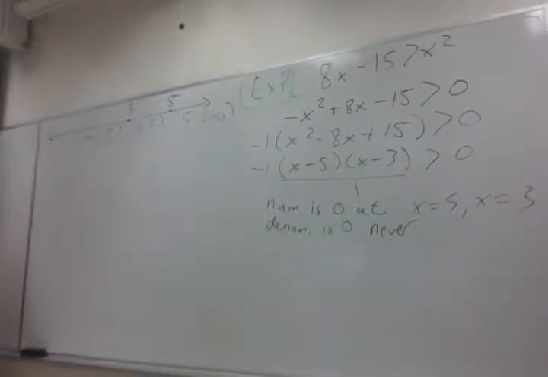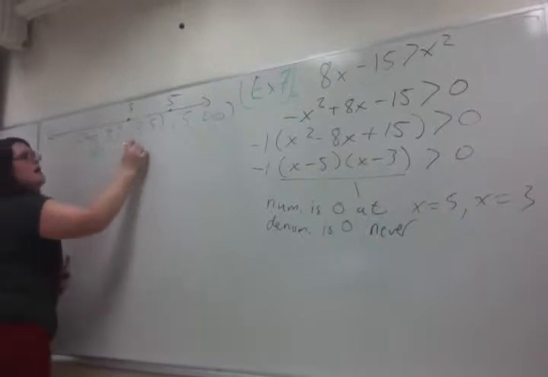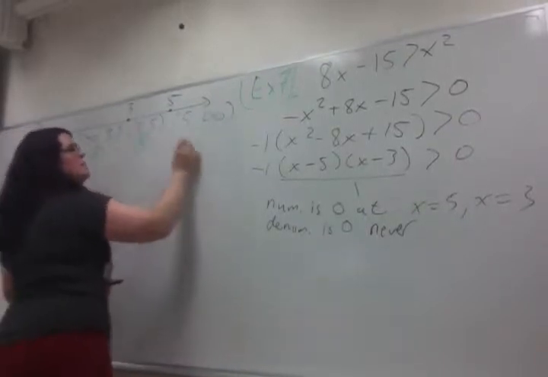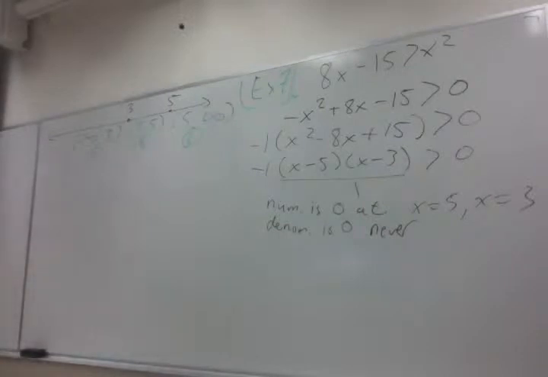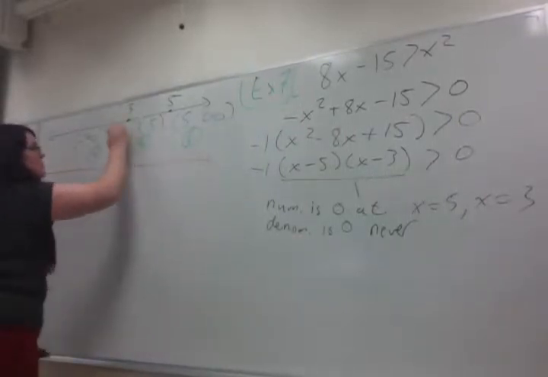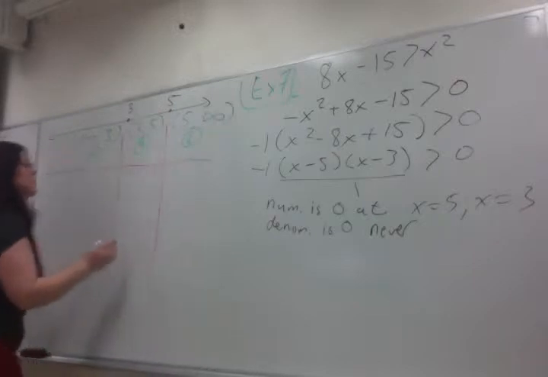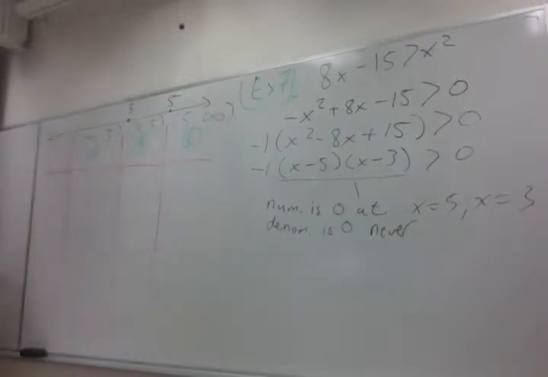The test points, well, I could pick a 0 here, I could pick a 4 here, I could pick a 6 here. Again, if you can do it without finding test points, just being able to figure out, okay, it's going to be positive or negative, you can do that. But having test points is useful. Having things to plug in to see whether it's positive or negative is useful.